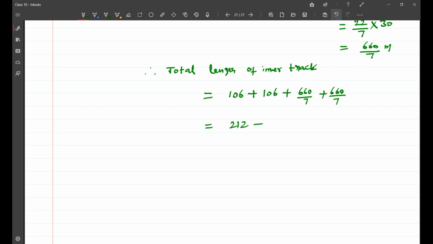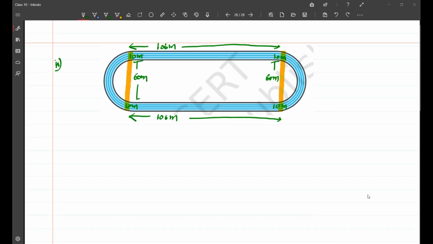That is 212 plus 1320 upon 7. LCM is 7, then 212 into 7, 1484 plus 1320, that is equal to 2804 upon 7 meter.